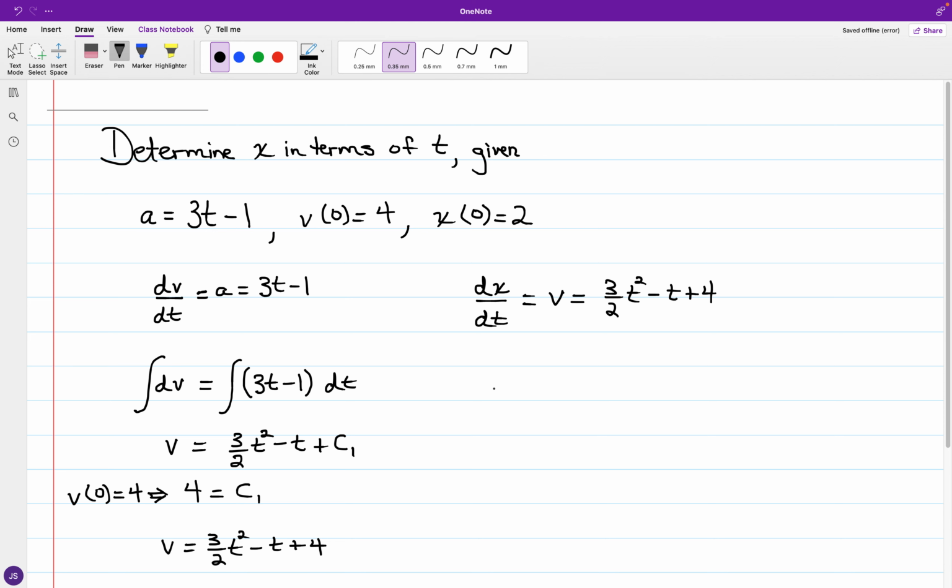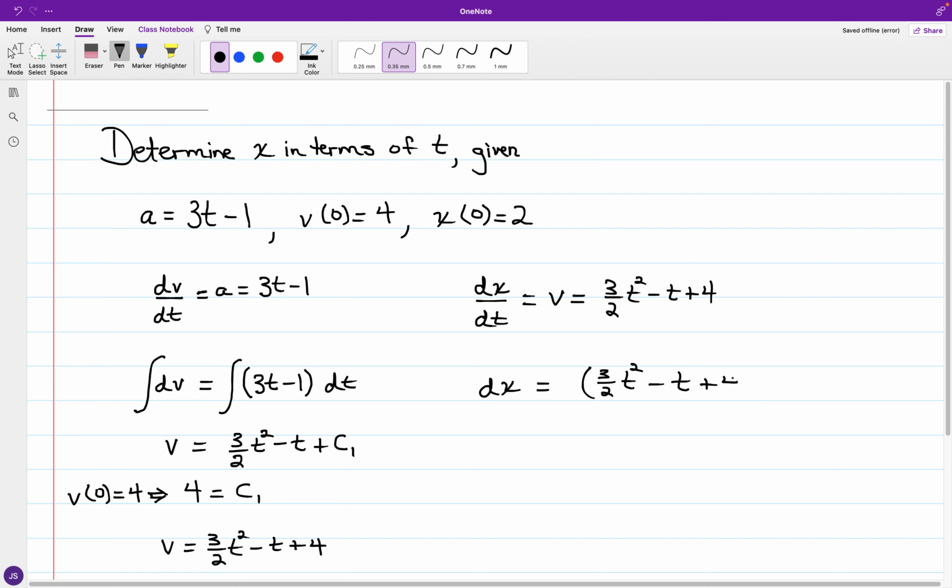And once again, separating the variables, or in this case the differentials, you're going to have dx isolated, and this will be set equal to the quantity of 3/2 t squared minus t plus 4, followed by dt. And integrating over both sides.